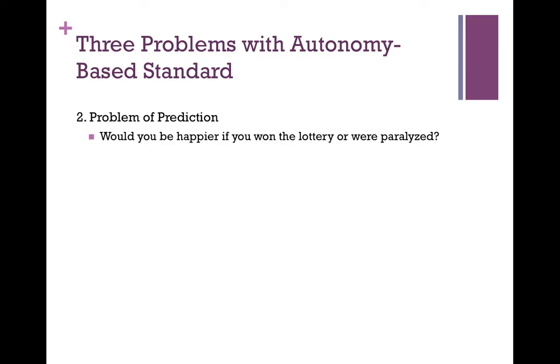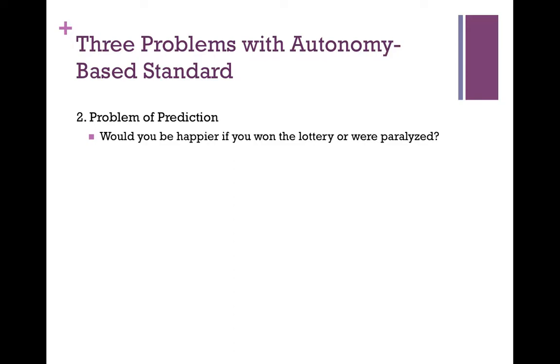Do you think you would be happier if you won the lottery or if you were paralyzed from the waist down? Well, everybody I've ever asked this question of said, definitely, if I won the lottery, my life would be tremendously better. And if I were paralyzed from the waist down, the quality of life maybe wouldn't even be worth living at that point. Or my life would just be way worse off.